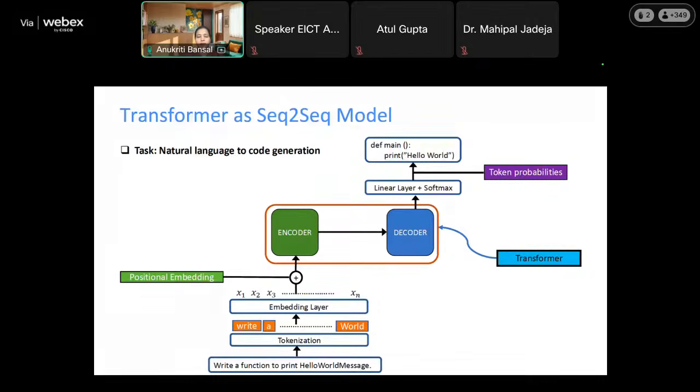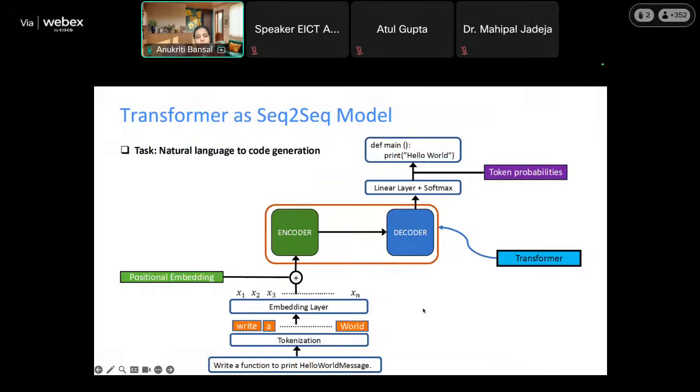Let's consider my transformer as a sequence to sequence model. My task is to generate code based on the question given by the user. So my input is: write a function to print hello world message. And this is my output.